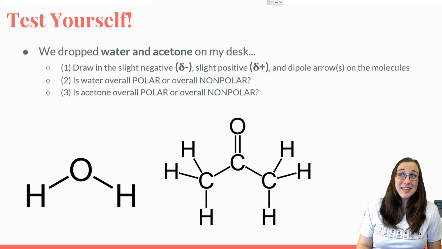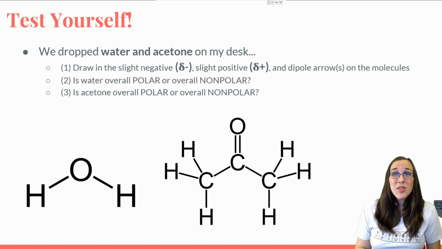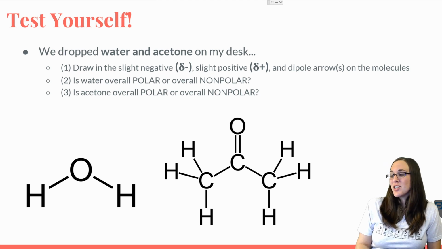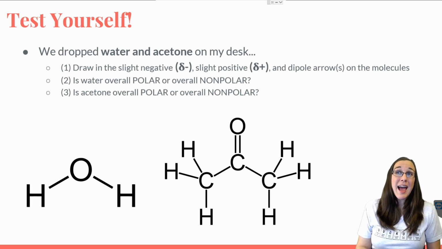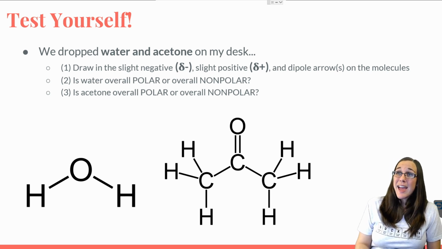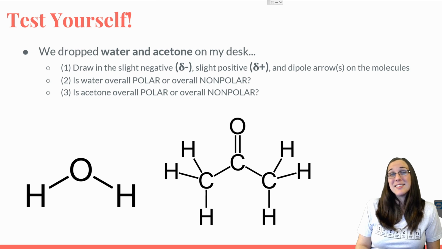Now you should be able to test yourself and see if you can identify the slightly negative and slightly positive areas on both water and acetone. Those are the two chemicals that we began this lesson with on the plate. I want you to check out which one might have or not have polarity. Maybe it has polar bonds, maybe it doesn't have polar bonds, maybe one is nonpolar, the other one isn't. Go ahead and draw in your slightly negative and slightly positive.